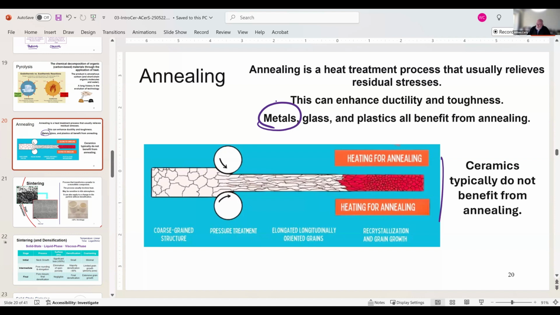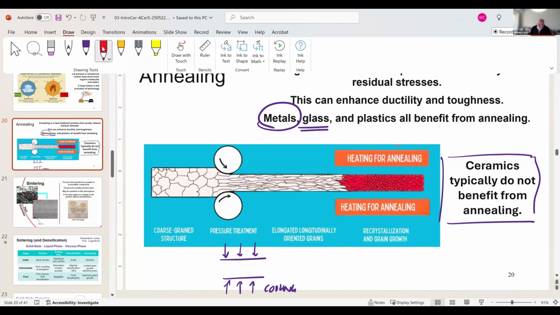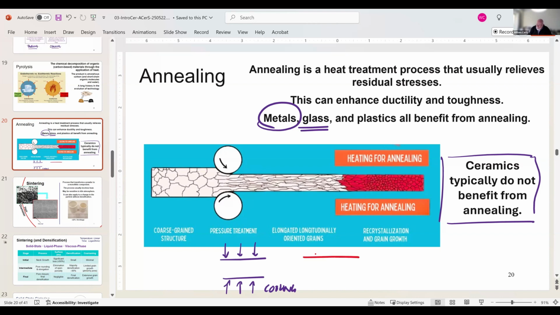Ceramics typically do not benefit from annealing, okay, with the exception of glass. So in glass, we anneal because if I take a sheet of glass that is hot and I cool it, what I get is a surface that is under compression.